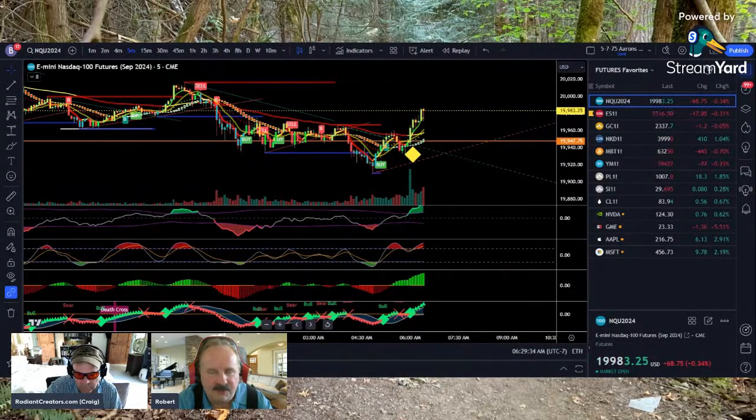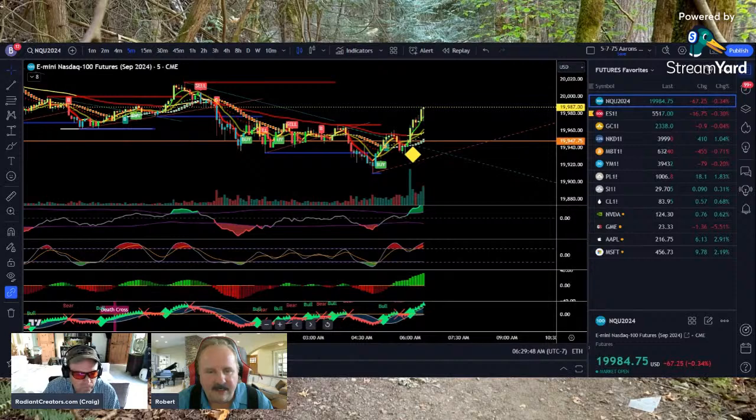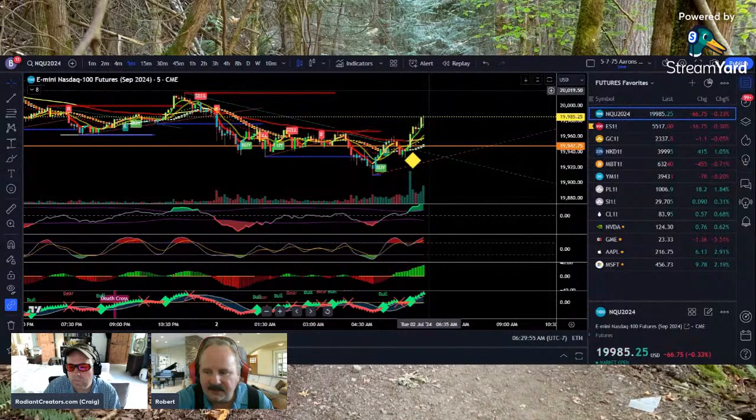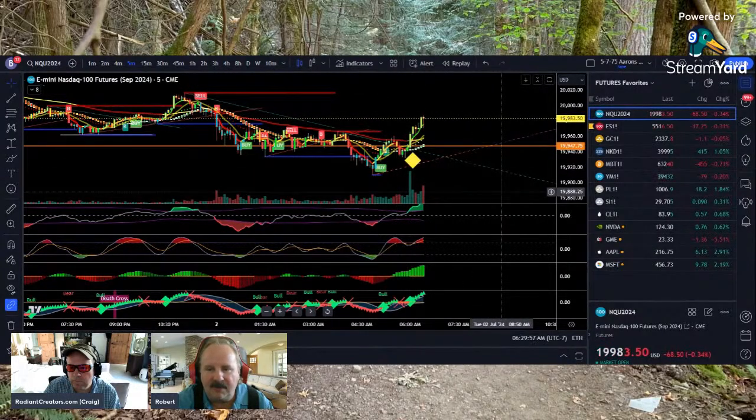So that shows a pretty explosive move. Trendillo was also green. Squeeze is getting taller green bars. So MACD looks good. It is getting a little bit of volatility here, so I'm going to be looking at it to see what kind of reaction we get in a few minutes.